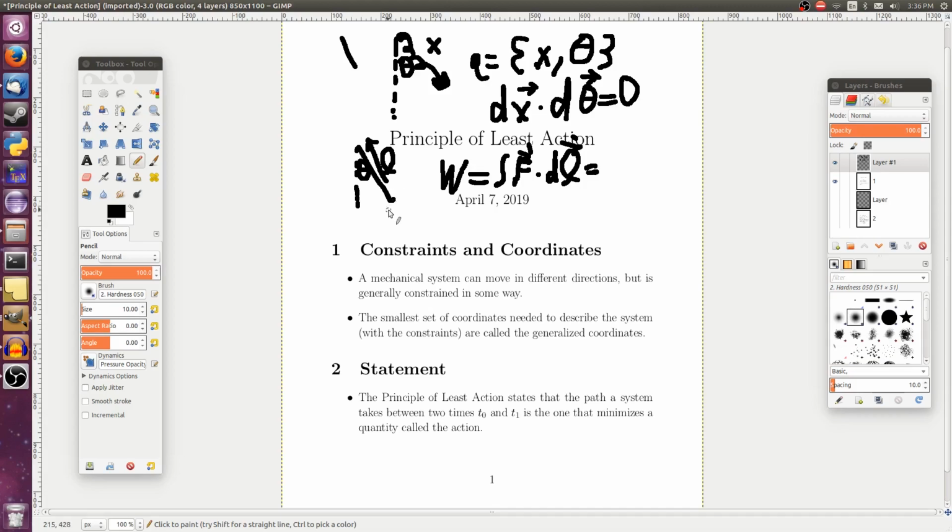But if it's moving about in theta, then this constraint force is perpendicular to the motion, and the work done is zero. So if our constraint forces are perpendicular, they're not going to do any work, because their dot product will be zero.